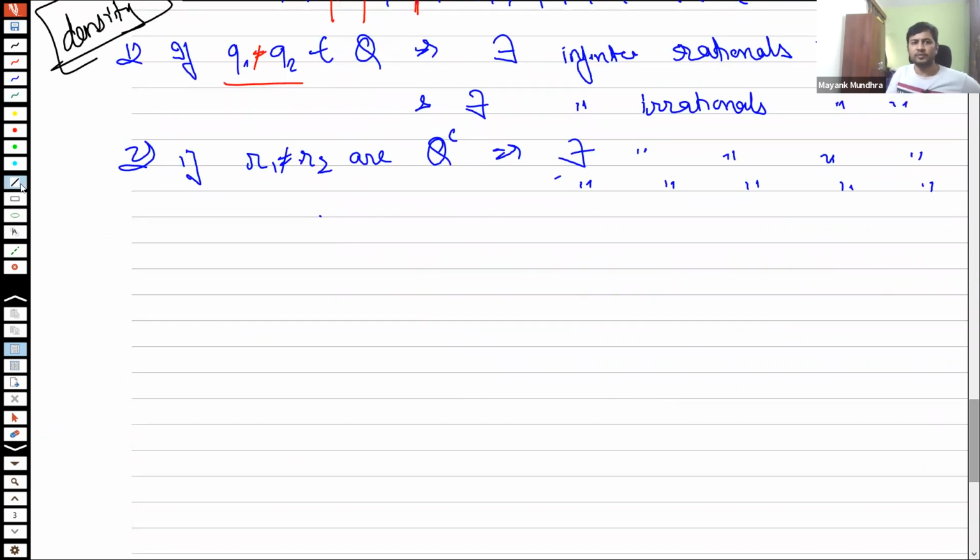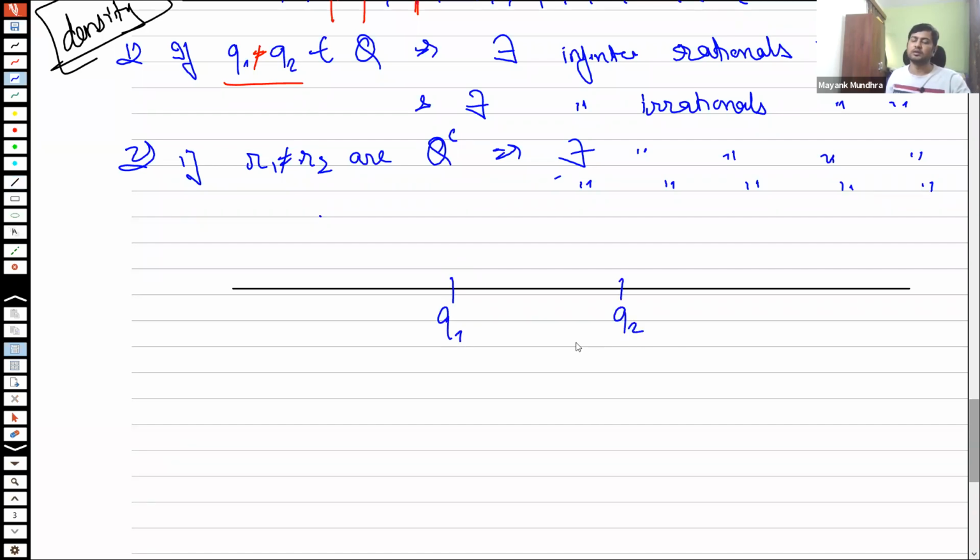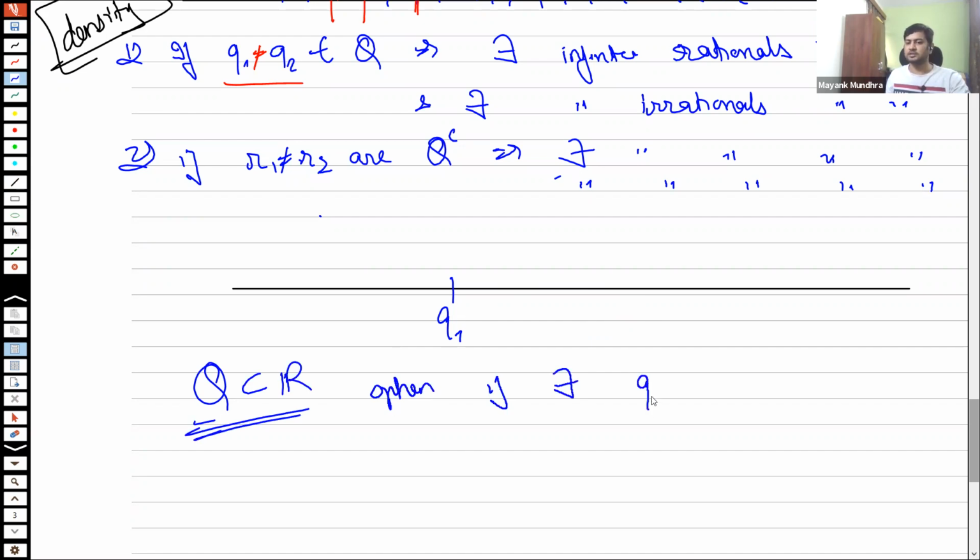So let us take the real number line and take any rational number Q1 on it. The set Q, which is a subset of R, is going to be open if there exists an interval Q1 minus delta to Q1 plus delta, a subset of Q, for all Q1.